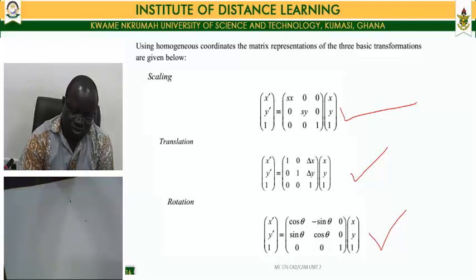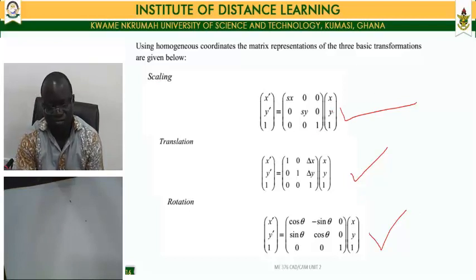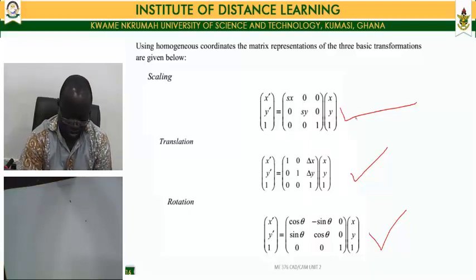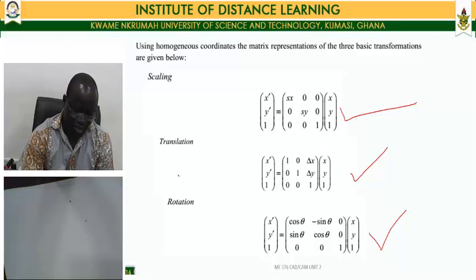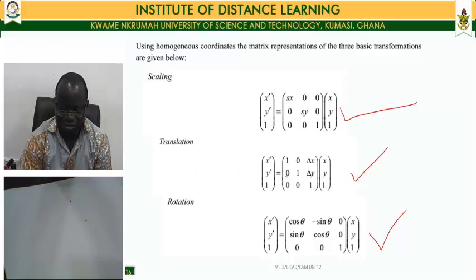It does all this computation and finally displays the model as a scaled part. If you are moving the model to a new position, it performs this matrix manipulation and generates the new position. If you are performing rotation, it also does this operation and generates the new position.